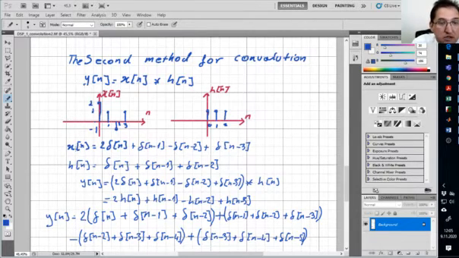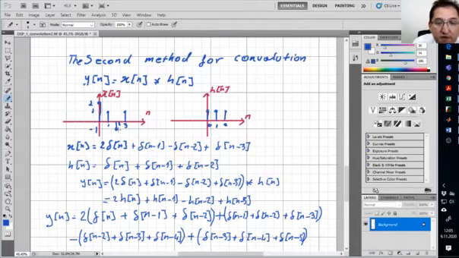As you can see here, x[n] equals 2 delta[n], 1 delta[n minus 1], minus 1 delta[n minus 2], and 2 delta[n minus 3] here. And h[n] is delta[n] plus delta[n minus 1] plus delta[n minus 2], because all coefficients are 1.